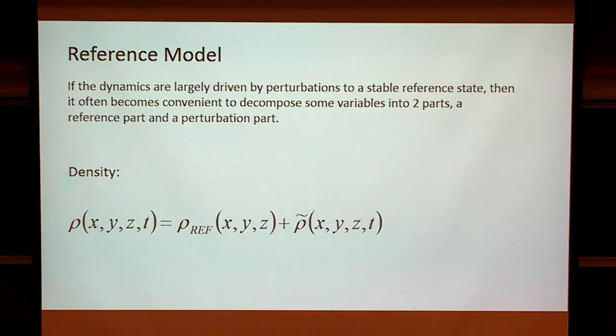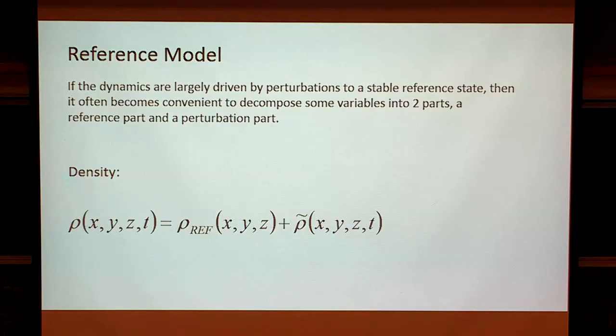Oftentimes in fluid systems, not always, but oftentimes, the parameters are pretty much fixed, and it's just little perturbations to those parameters, like perturbations of density, like small changes of density can drive flow, whereas the density of the entire system is pretty much constant, but a little change in density here can cause flow to happen.